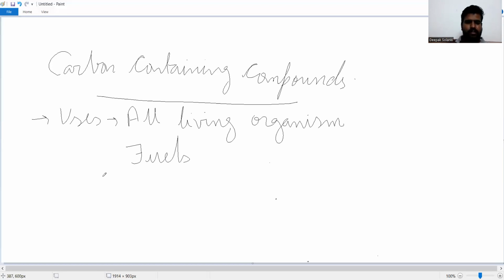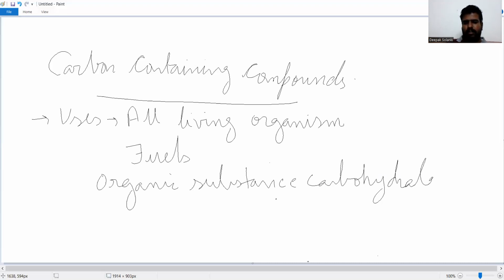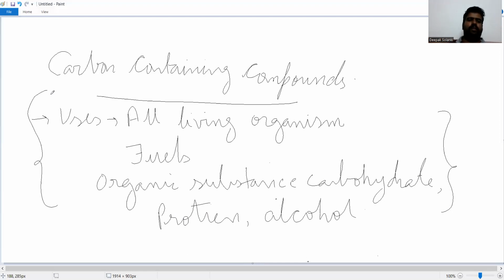The third one is all organic substances, such as carbohydrate, protein, alcohol. All are made up of carbon. Okay, these are the main uses of carbon: in living organisms, in fuels, in organic substances like carbohydrate.